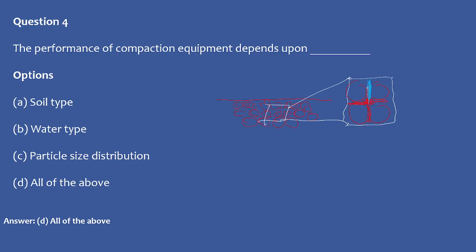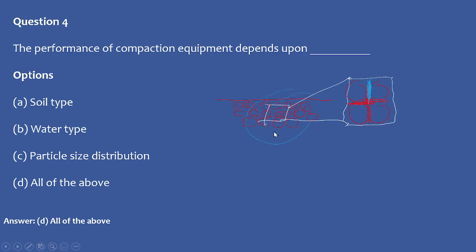So the amount of compacting effort required to compact these soil particles will depend upon the water. If the water is too little, we will require a densification effort. But if there is presence of water, then we need to reduce the compacting effort, like the amount of compaction required, the blow count, or the type of equipment which we are using to compact any particular medium, this type of soil.